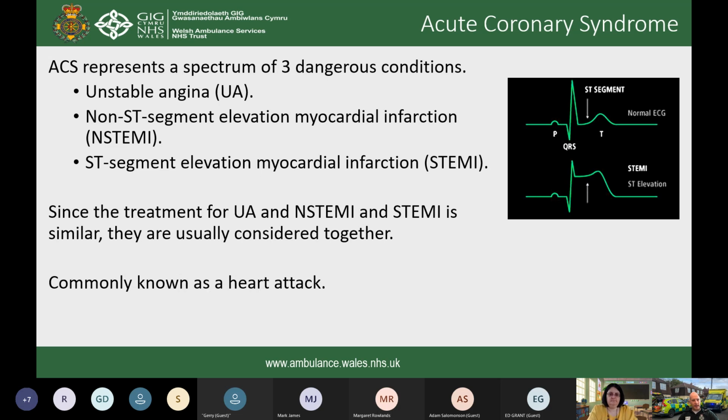So there are 3 things: unstable angina, non-STEMI, a non-ST elevation myocardial infarction, and STEMI, an ST elevation myocardial infarction. That just means where the blockage is and whether we can see it on the ECG. On that little picture, you can see the normal PQRS complex.